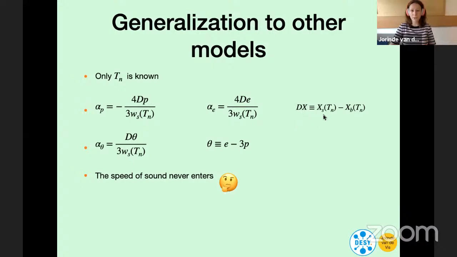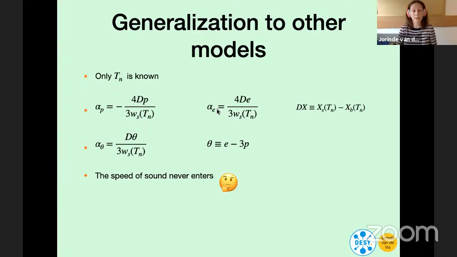This Δ denotes that the quantity is evaluated in the symmetric phase and then in the broken phase, and the difference is taken. So these 3 definitions appearing in the literature are based on the pressure difference between the 2 phases, the energy density difference, and the 3rd definition is based on the difference in the trace of the energy momentum tensor. Now, note that for these 2, if you would compute this for the bag equation of state, you wouldn't even get back α_ε.